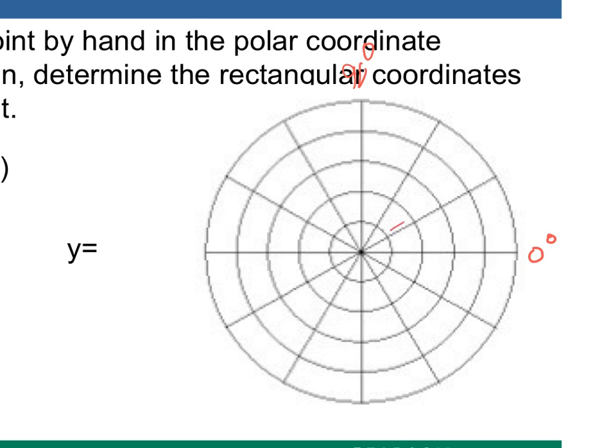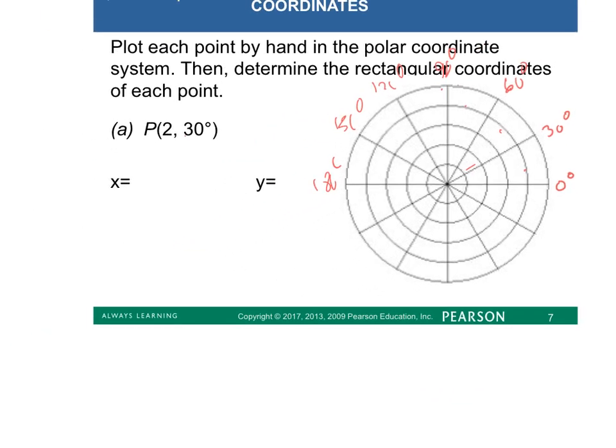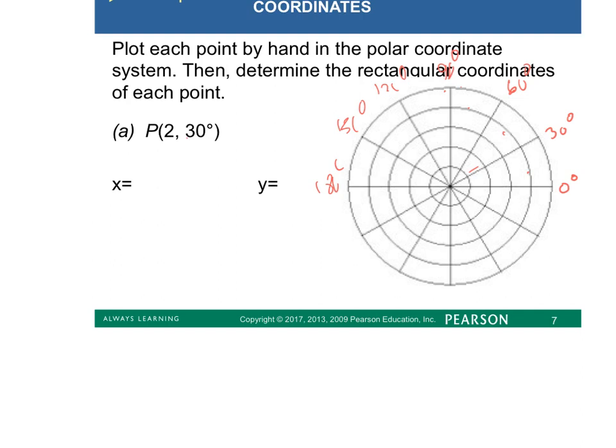And since he's got this divided up into 3 pieces, it makes sense that that's 30, 60, and 90, 120, 150, 180. It just is a nice blank grid that I put together for you.